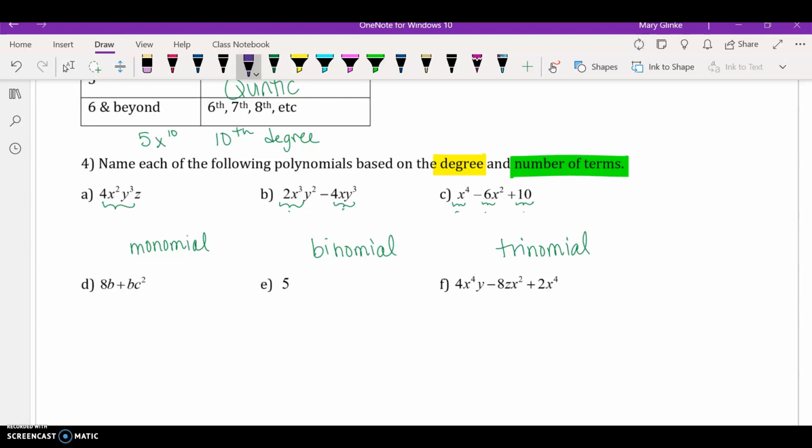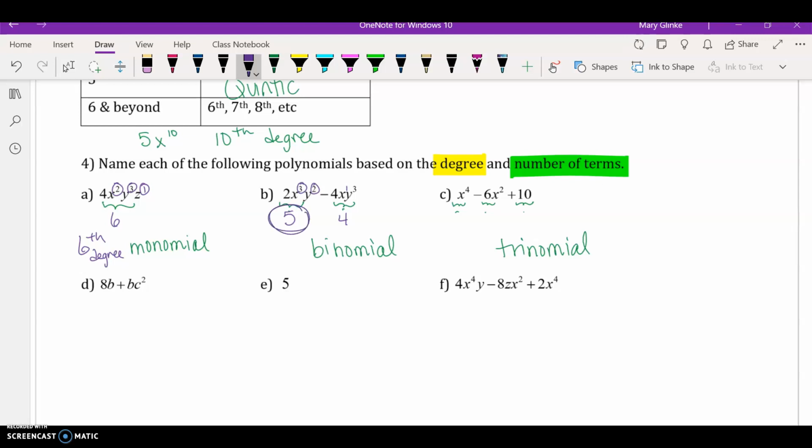Now I'm going to classify this off of the degree. So I look at my first term, and I have 2 x's, 3 y's, and 1 z, which means I have 6 for my degree. Because it is 6, it is the 6th degree. For my next one, I have 3 x's and 2 y's in my first term, and I have 1 x and 3 y's in my second term, but I don't add those together because they are separate terms.